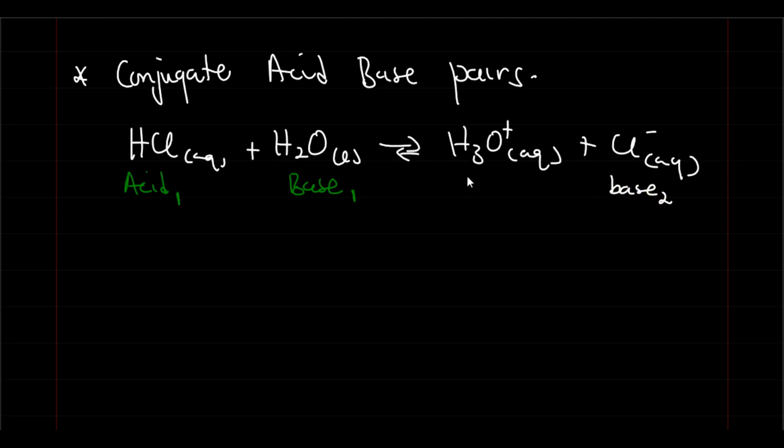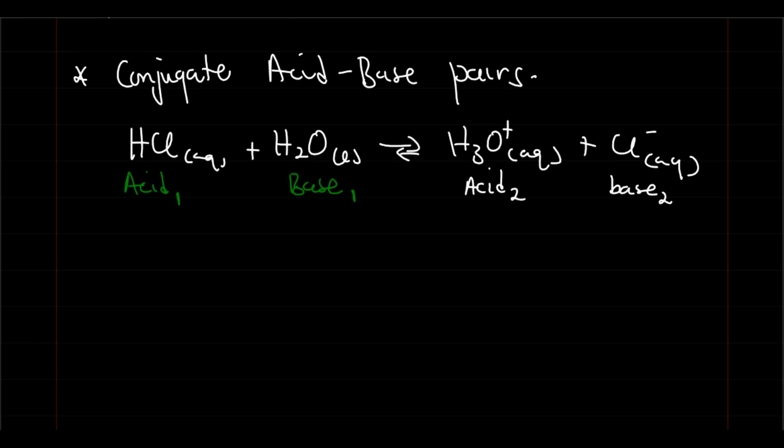If the other one is a base, this one must be an acid, acid 2. So now conjugate acid base pairs, what are those? We are simply pairing what was an acid before with what it has formed after donating a proton.